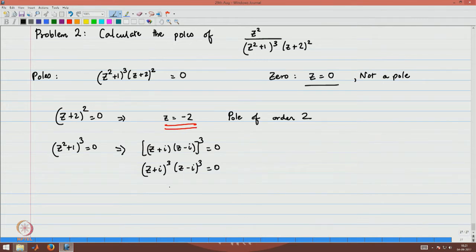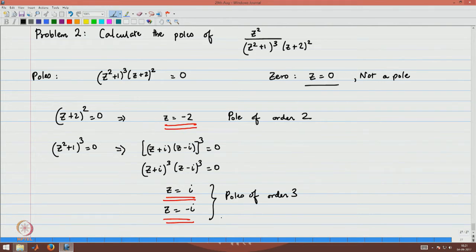So that implies that z equal to i and z equal to minus i. These 2 points are poles of order 3. So you have one pole of order 2 and you have 2 poles of order 3.